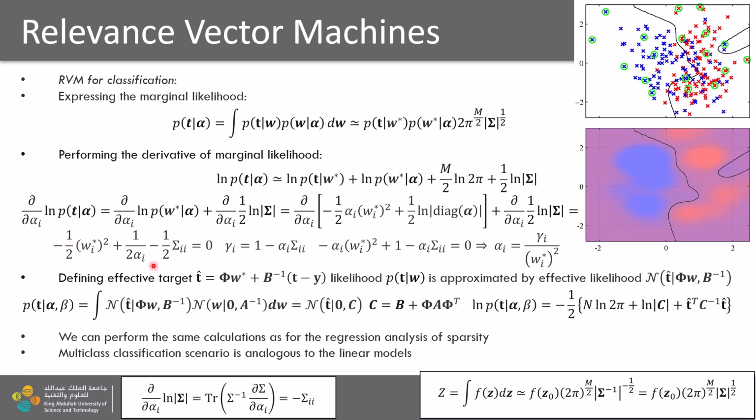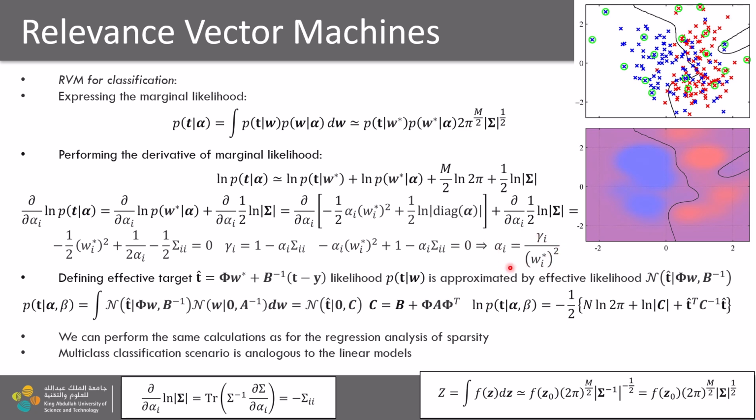Then this term is the gamma, and we can put the gamma on the other side, and then divide by the square of the weights, and then we obtain our formula for gamma for each component of alpha.